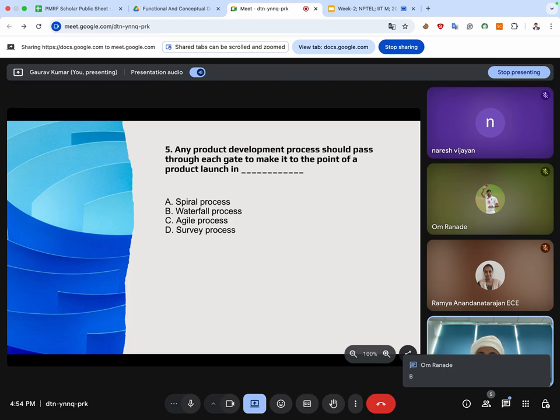Correct. Basically the waterfall process is a rigid step by step methodology. So you cannot jump stages or go backward. Each stage must pass a gate before moving forward. This ensures predictability but does not allow much flexibility, unlike agile or spiral models. So B is the right answer, waterfall process and gates.